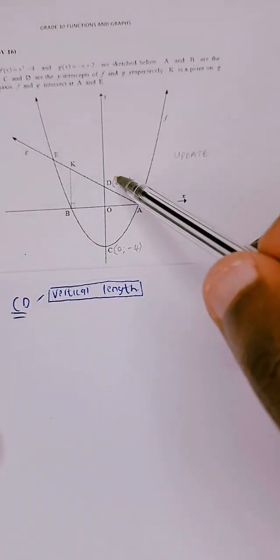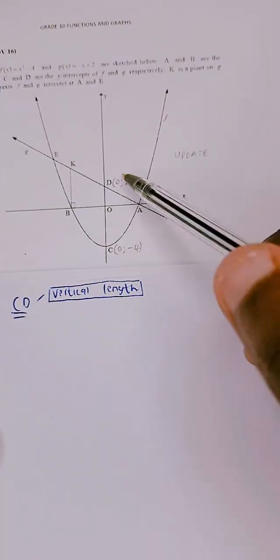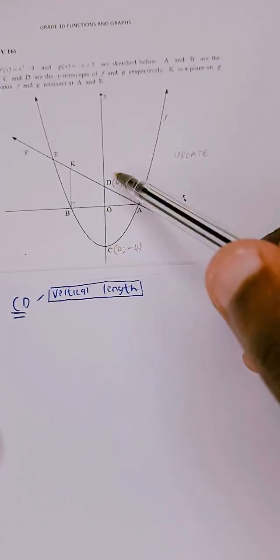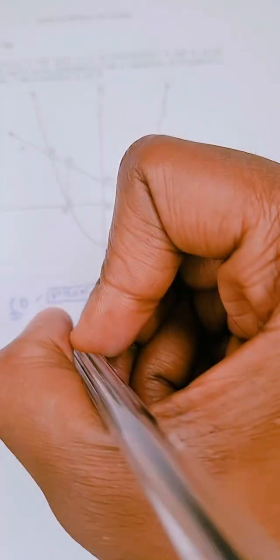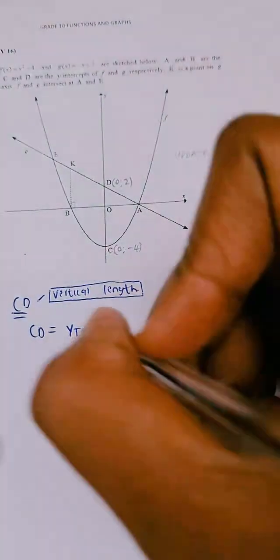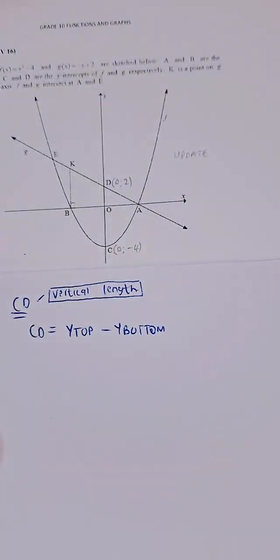So what you should notice about CD is that the x coordinates are the same. And because, guys, it's a vertical length, we can then say y at the top minus y at the bottom. Why do we do this?